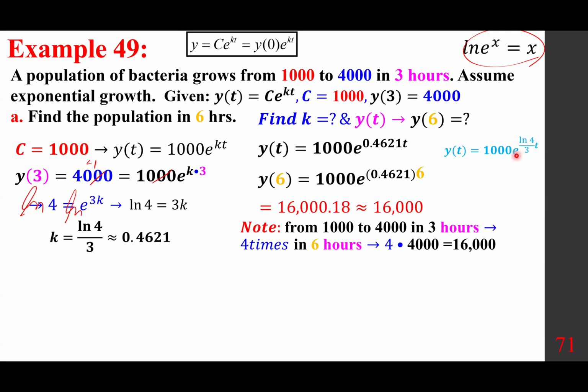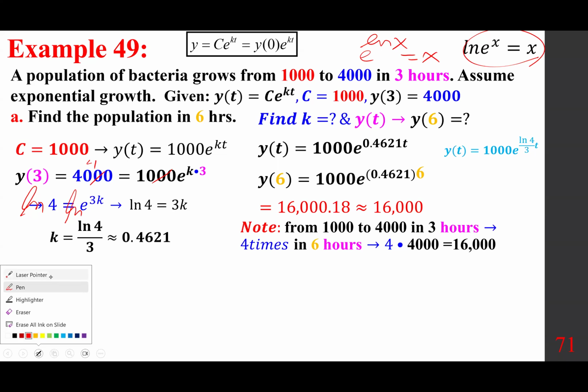Now we have e to the power of ln4 over 3 t. We are going to play with this because ln of e to the power of x is x. And by the way, e to the power of ln x is x. Right, everybody? Both are correct.